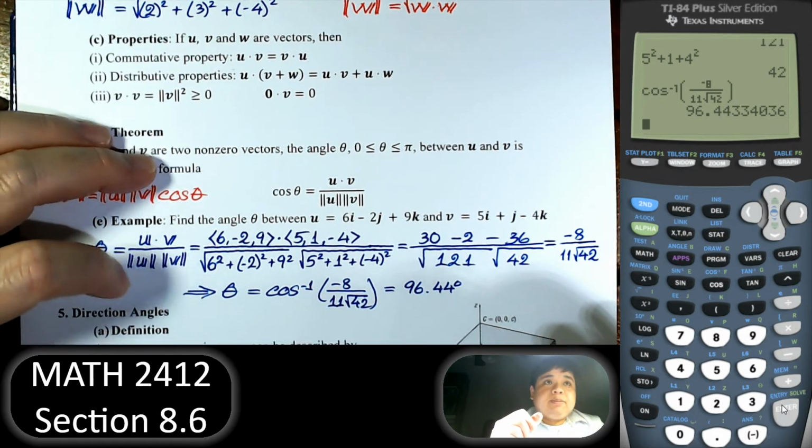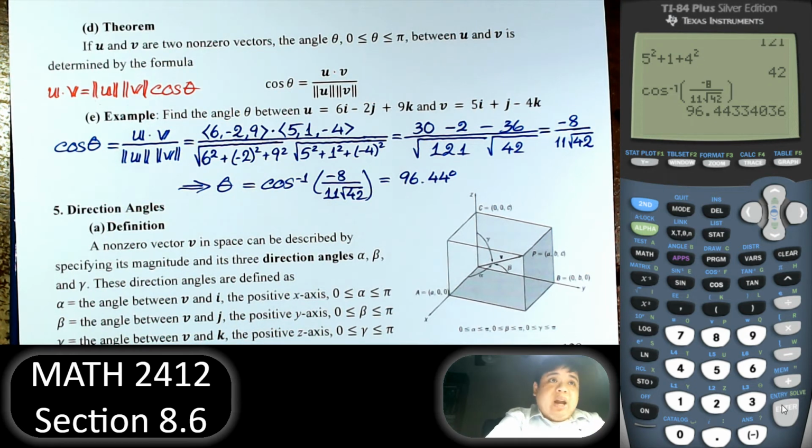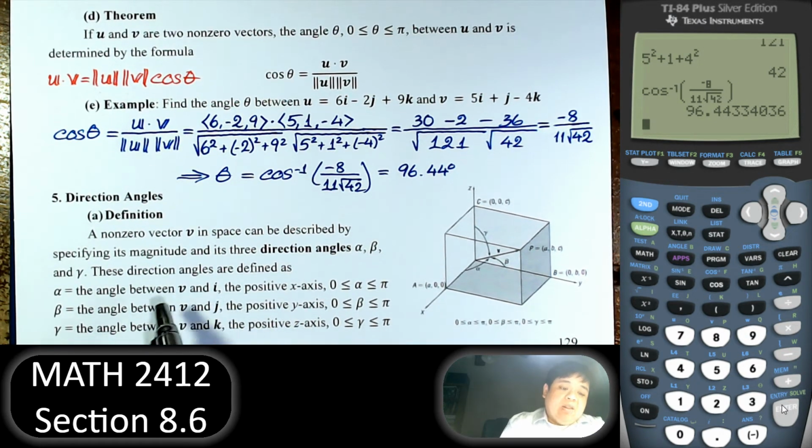Right. Now, what we define next are the direction angles. Sorry, the direction angles will be alpha, beta, and gamma, which are the angles made between the vector and the i, j, k components, which is the positive x-axis.